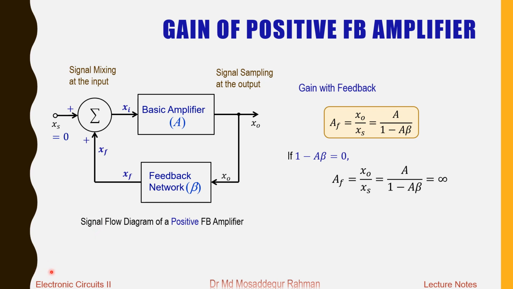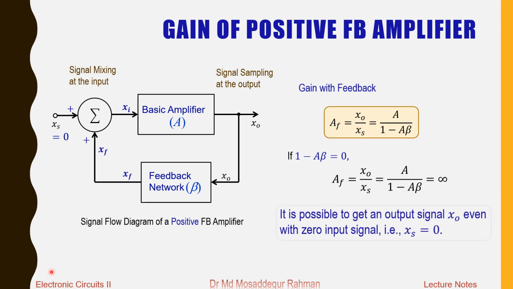And that is exactly what an oscillator circuit is. Oscillator circuits are signal generator circuits. They generate signals, so there cannot be an input. They are the generator, so they are generating signals without any input signal.